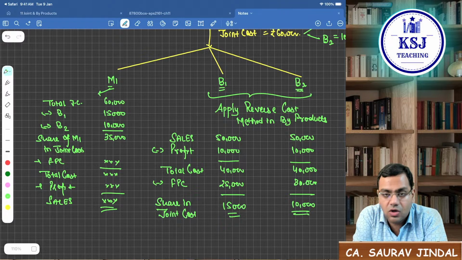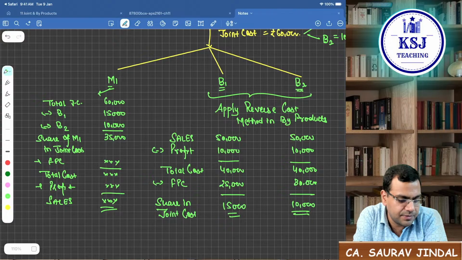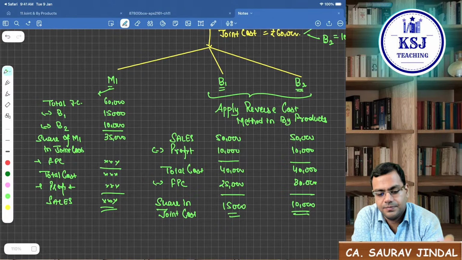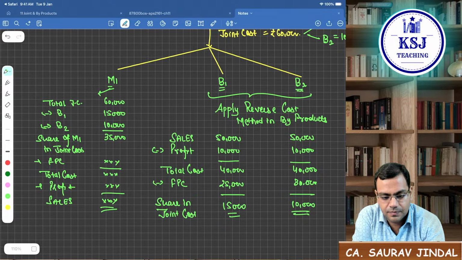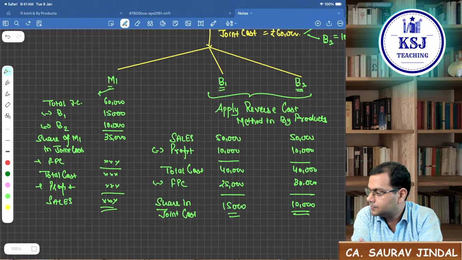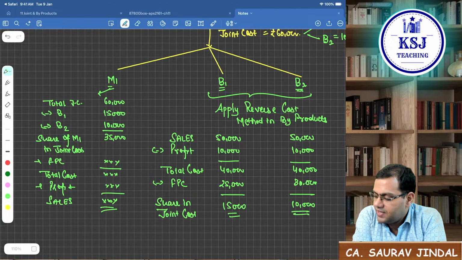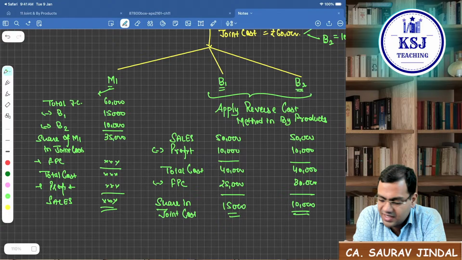So with this, the concept part is done for joint and byproduct. If you have any doubts in the concept part, just go through the concept, take 2 minutes, revise the whole concept, then let me know if you have any doubts.